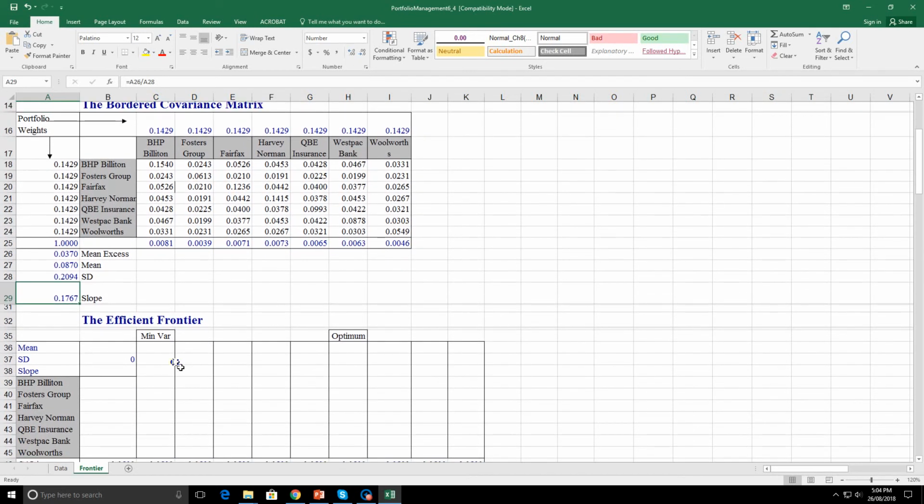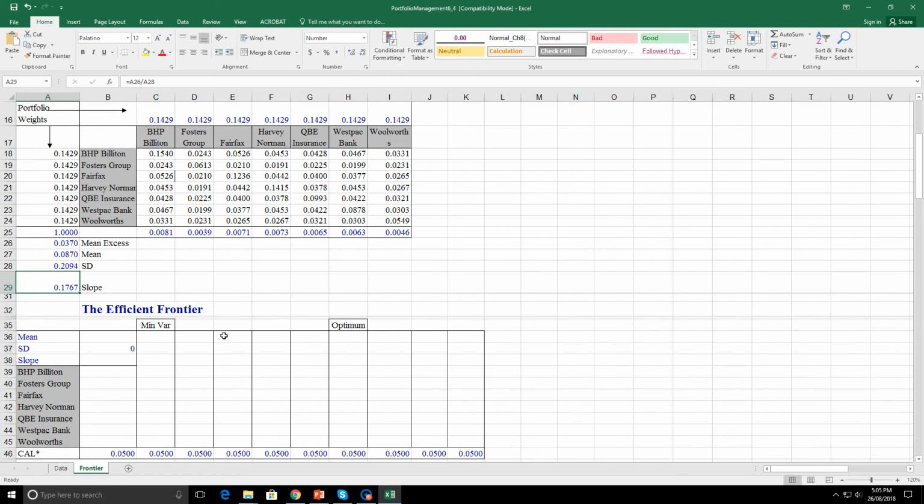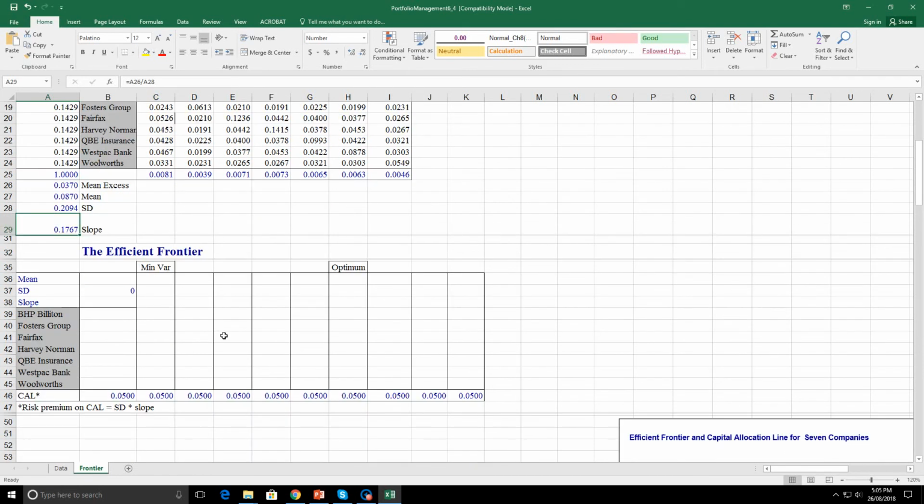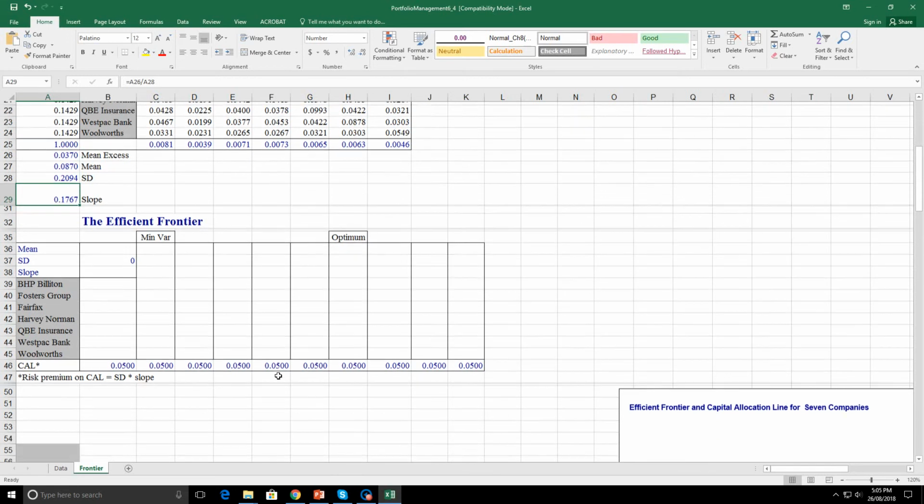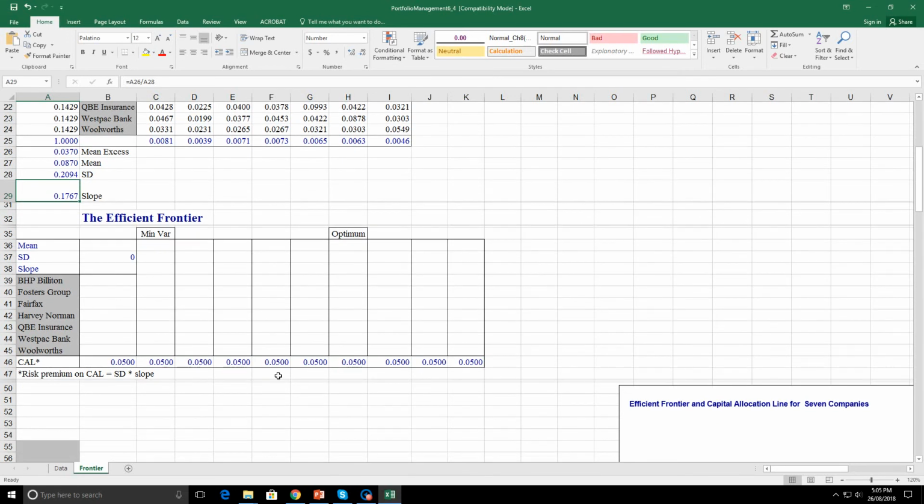Now we have all the inputs to go for the optimal risky portfolio and efficient frontier. So we prepare a table like this before we calculate them. You can remember from our previous discussion that our efficient frontier starts with our minimum variance portfolio, then moves along the other possible combinations of portfolios, and moves through the optimal risky portfolio.